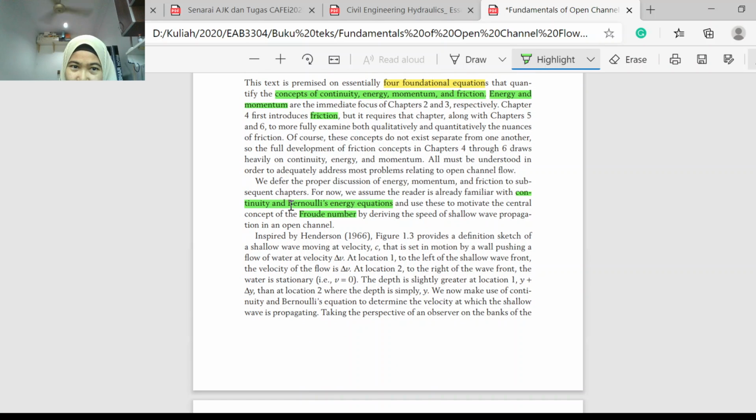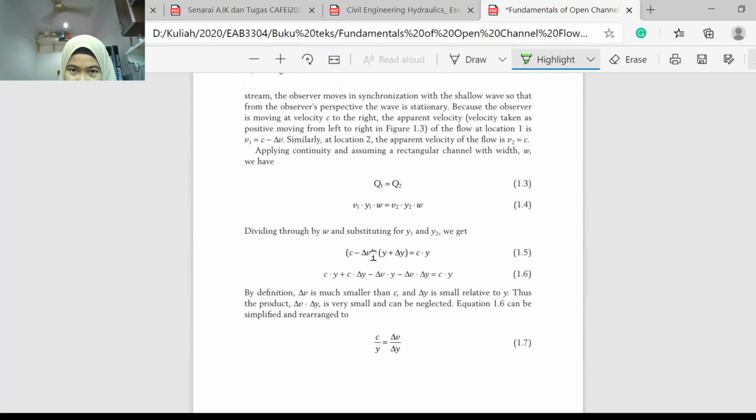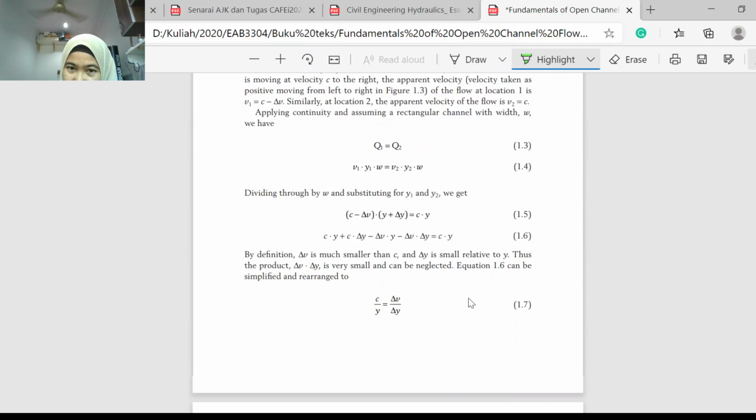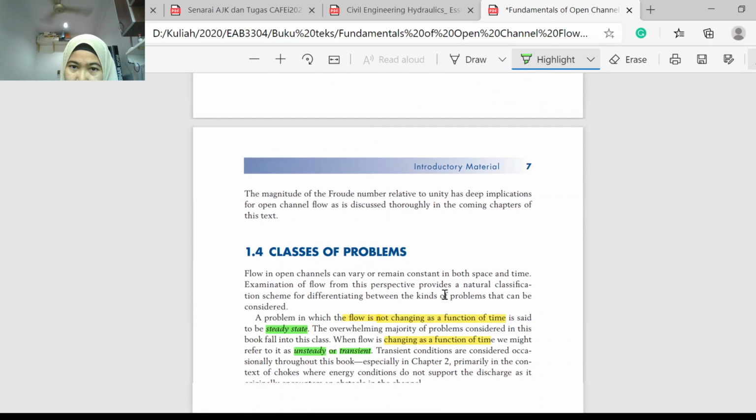Of course, you also have to deal with the Bernoulli energy equation. You are already familiar with continuity and Bernoulli energy equations, and you are going to see also the Froude number. We are going to look at this in detail after this, when we learn about open channel flow.